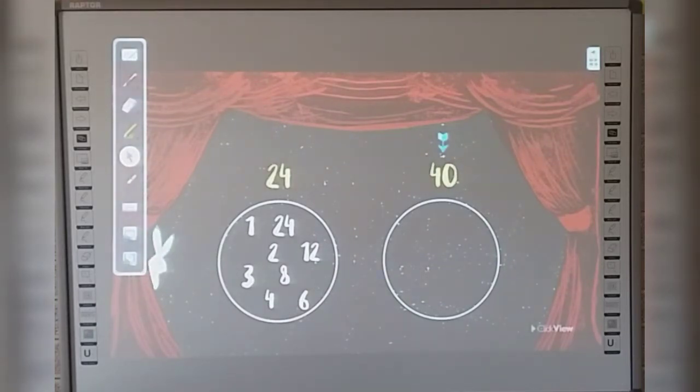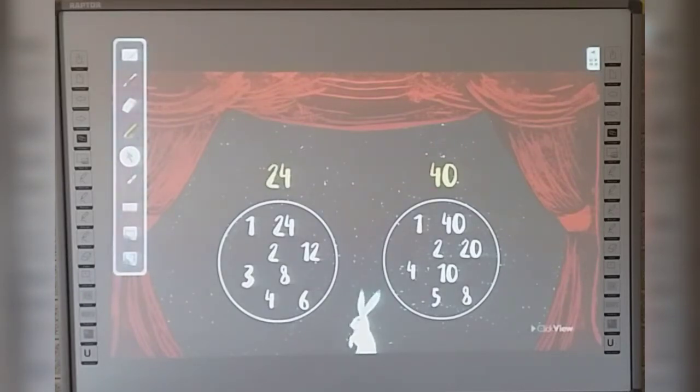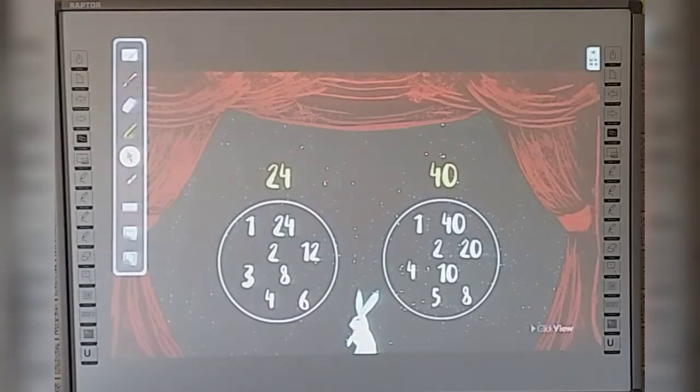Can you think of some factors of 40? We can start with the easiest factors, 1 and 40. You might have also worked out 2 and 20. Any others? We can write down 4 and 10, and also 5 and 8. Now that we have our two circles filled with all the factors of our two numbers, we can begin sorting through them to find the HCF.